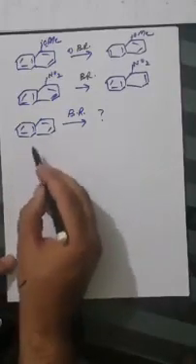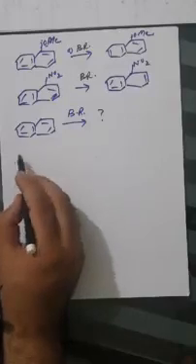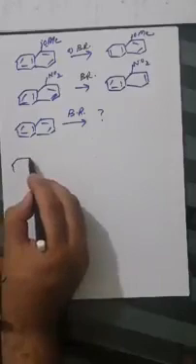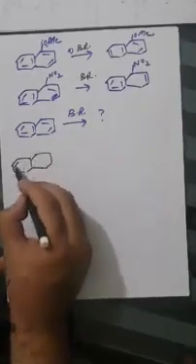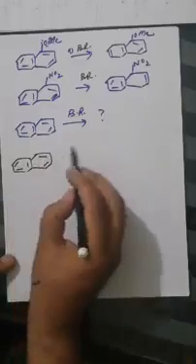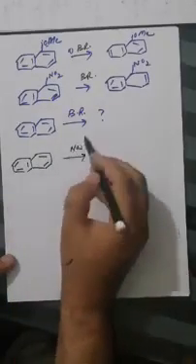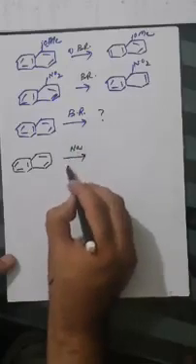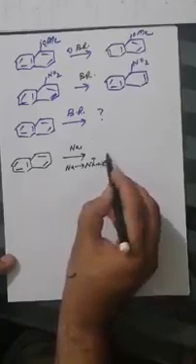Let's take just naphthalene. Sodium will generate an electron.